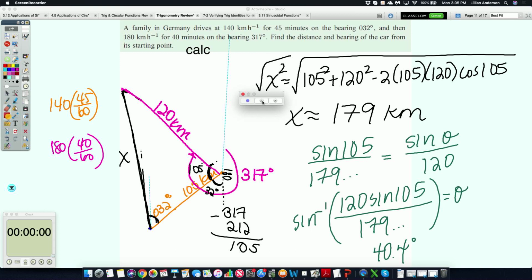So this part in the triangle, this green part, was a little bit bigger than that 32-degree angle, which went from the north direction over to that orange line. To find the actual bearing, remember bearings head in the clockwise direction from the north.